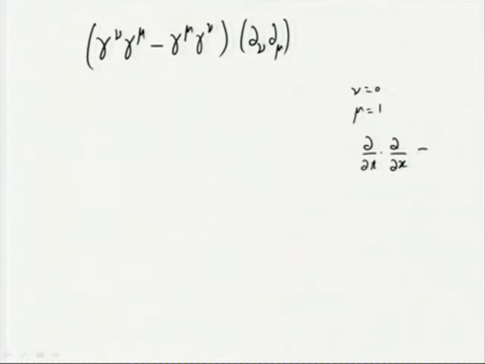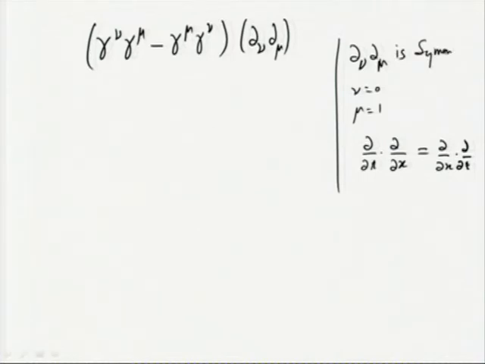It is the same as writing ∂/∂x first and then ∂/∂t after that. So, this is like interchanging μ and ν. Therefore, ∂_ν ∂_μ is symmetric, or let me actually write it as equal to ∂_μ ∂_ν. It is the same object.